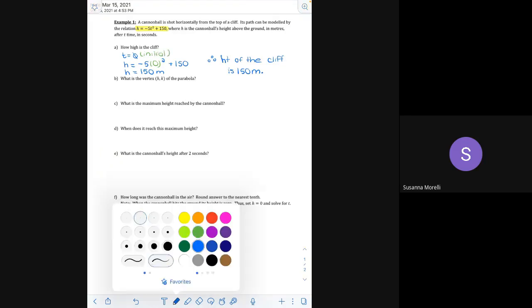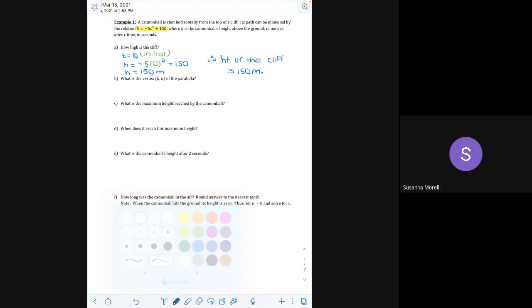All right. What is the vertex of the parabola? So there, normally we see something in brackets, right? The h value's in brackets. You're not seeing an h value there because the h value is actually 0. And the k value is 150.